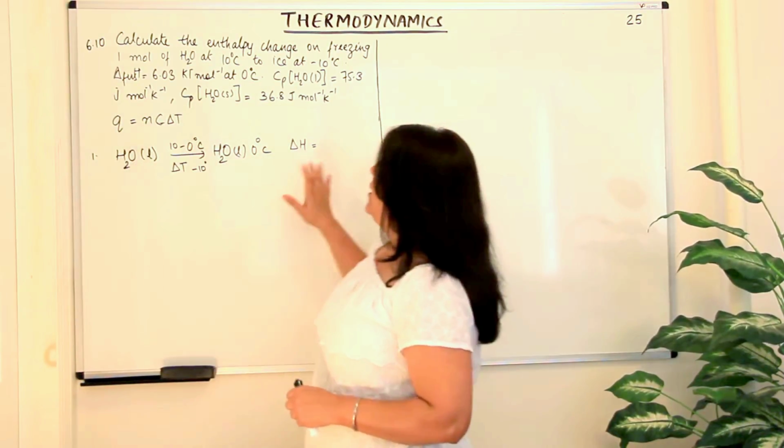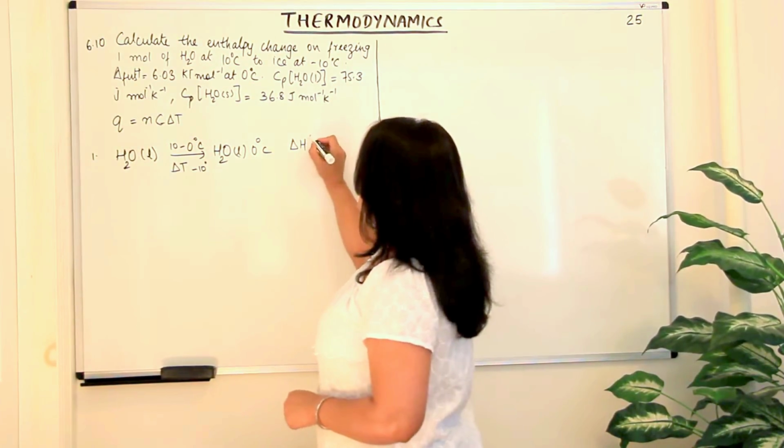So using this formula, in the first step, we'll call it delta H1.